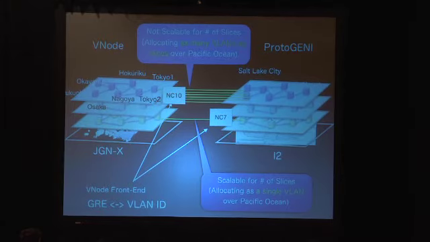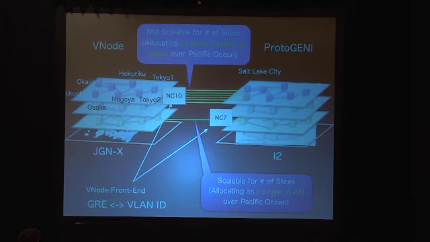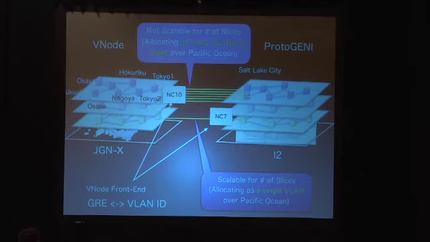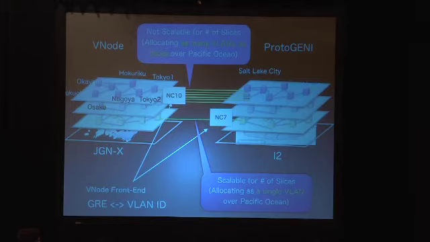NC10 in VNode, we are creating a slice over NC10, or we are creating a slice over NC7. There's good and bad. Because we are using GRE tunnel to create the slice, we have to translate VNode VLAN ID to a GRE key at some point. If we put this translator in NC10, then you have to have a lot of VLANs going between US and Japan, over the Pacific Ocean.